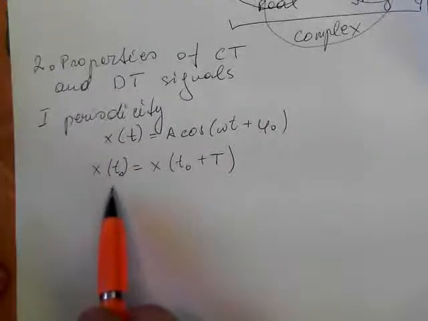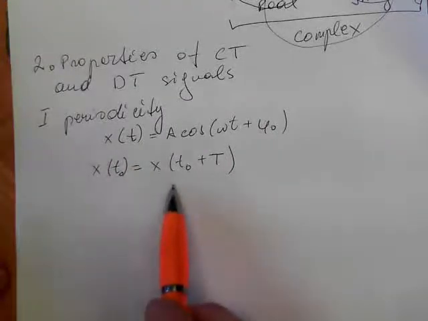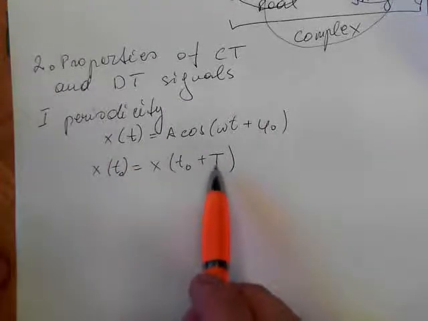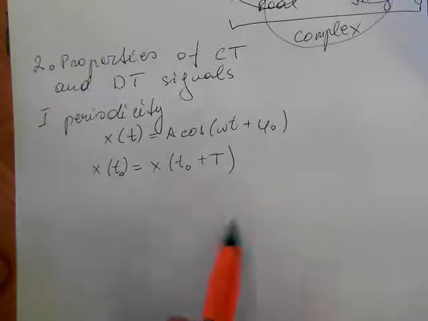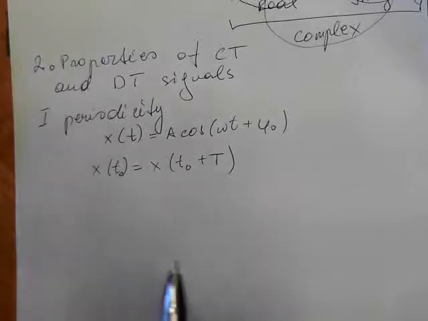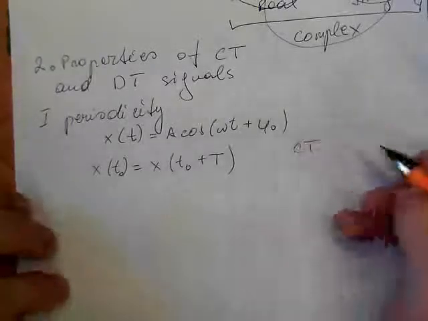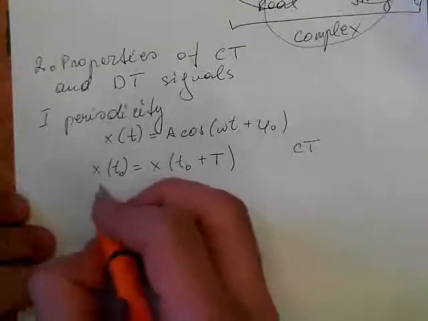If the value of x(t) is the same after adding period capital T to t0, then we can say that the signal is periodic. So this is in the continuous time world.